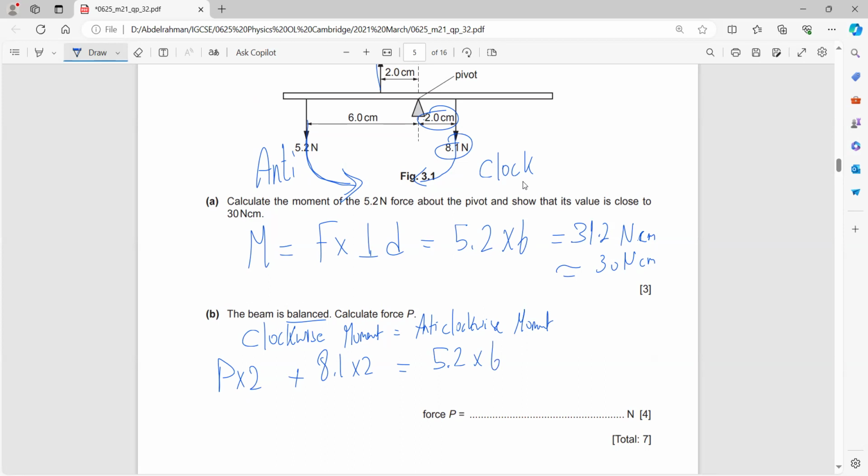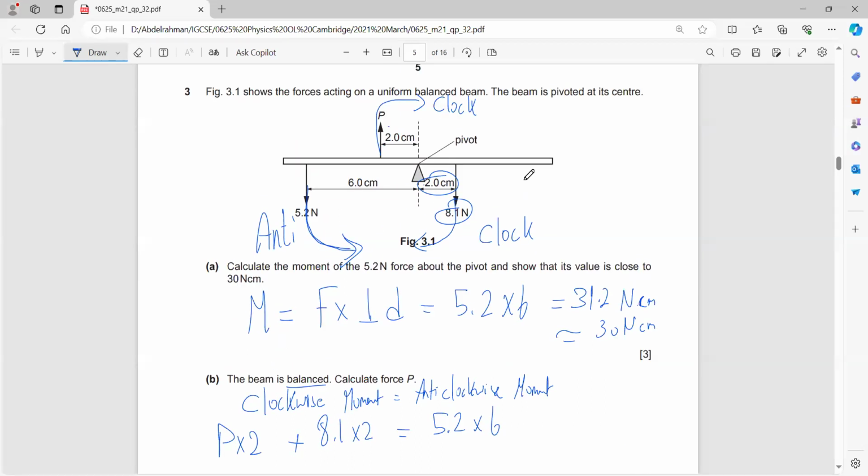Again, what do I do? Whenever I have a beam which is balanced, what are the conditions for a beam to be balanced? I have two conditions. The resultant force is equal to 0 and the moments are equal to 0. What do I mean by the moments are equal to 0? A clockwise moment is always equal to the anti-clockwise moment.